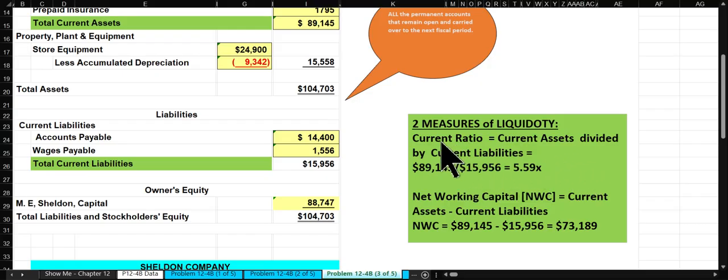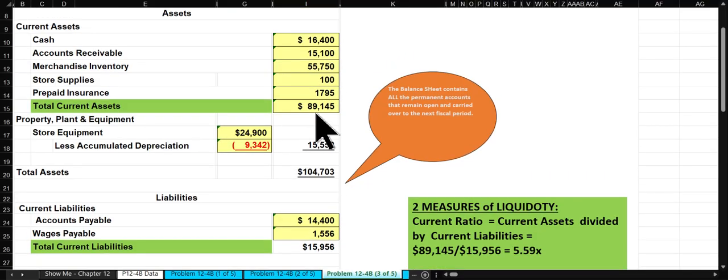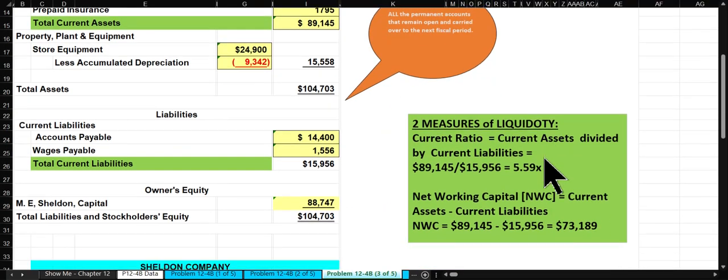So to calculate this particular liquidity ratio, the current ratio, you take your current assets. You can see we have them calculated here, 89,145, and you divide by the current liabilities, which of course is given here as 15,956.